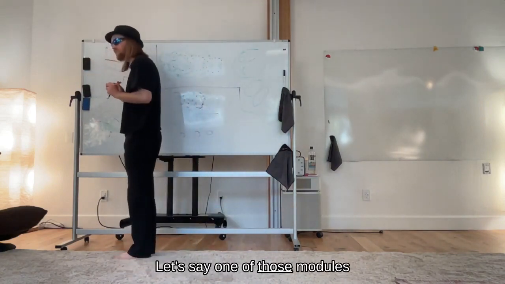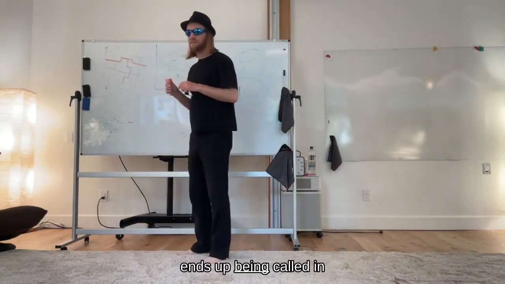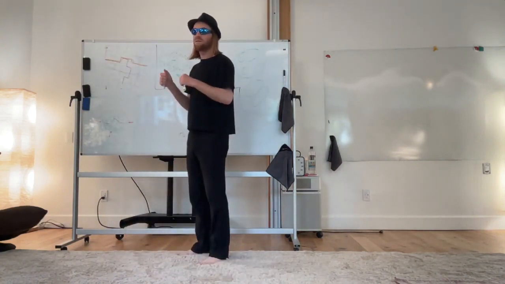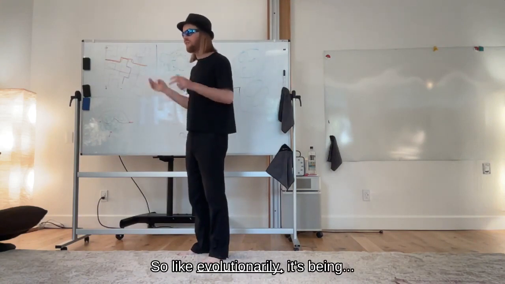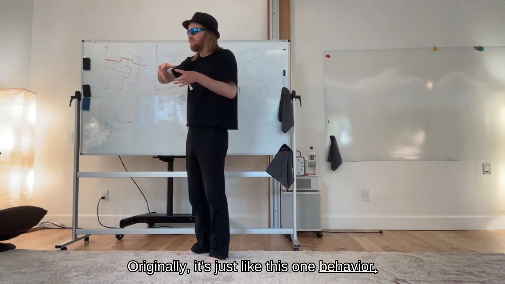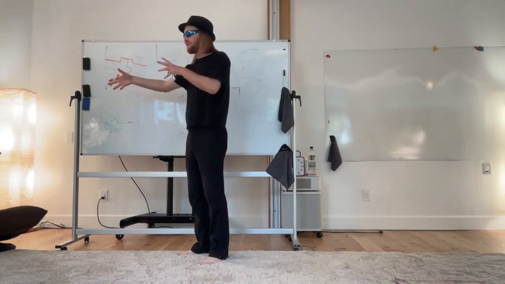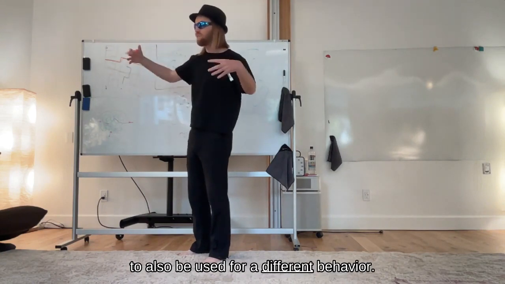Let's say one of those modules ends up being called in a wider and wider range of circumstances. Evolutionarily, originally it's just this one behavior, and then it gets adapted to also be used for a different behavior, and then gets further adapted to also be used for a different behavior.